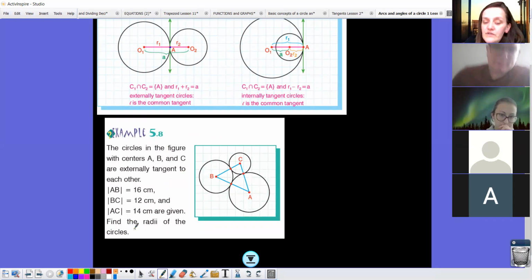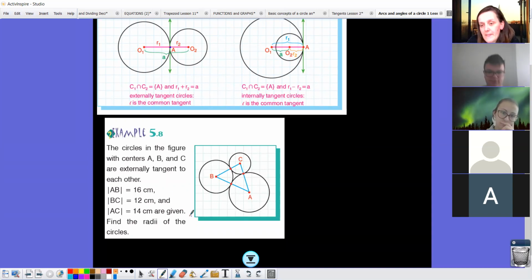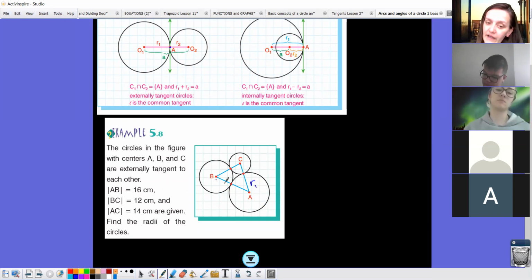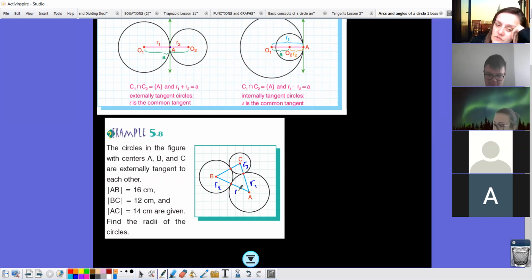Find the radii of the circles. Let the radius of this circle be R1, this one R2, and this one R3.